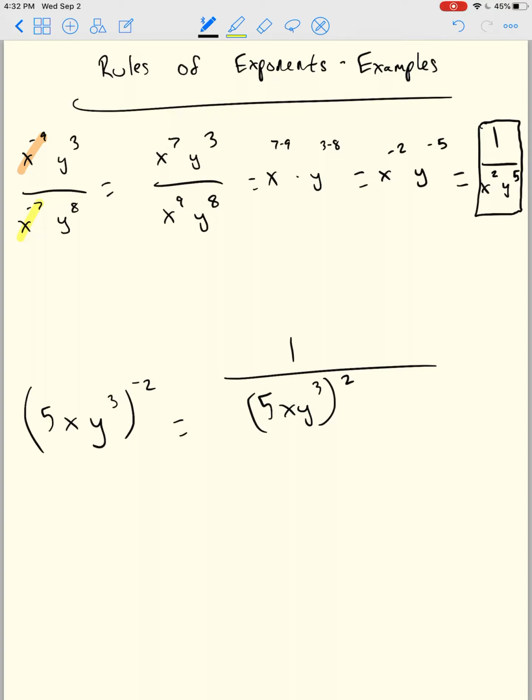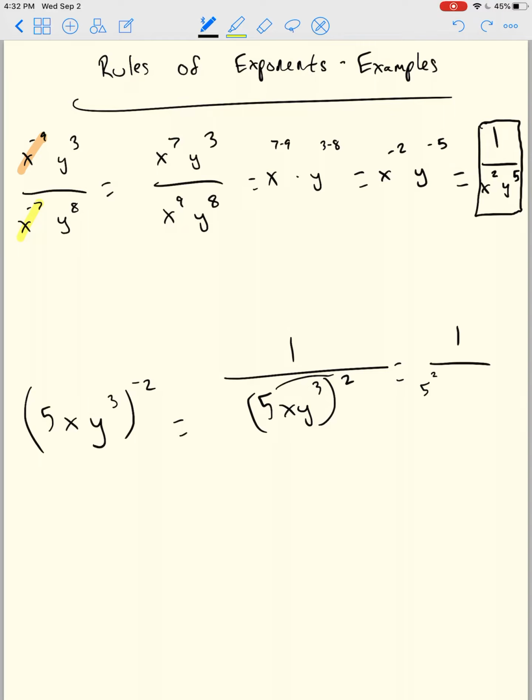Now I have the power rule on the bottom. So let's rewrite the bottom as 1 over, well, we have to make sure we do everything on the inside squared. So 5 squared is 25, but I'll rewrite that after. Well, let me write it this way.